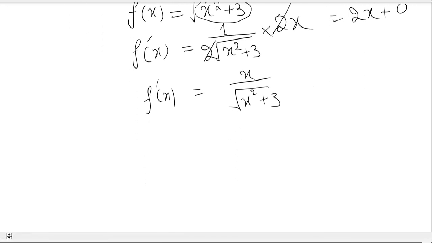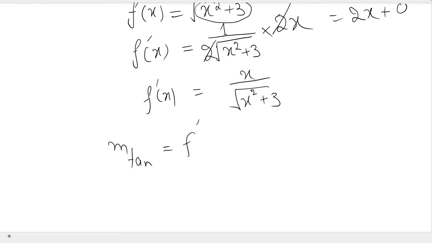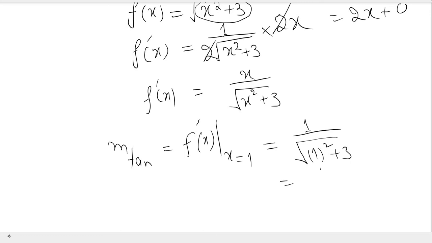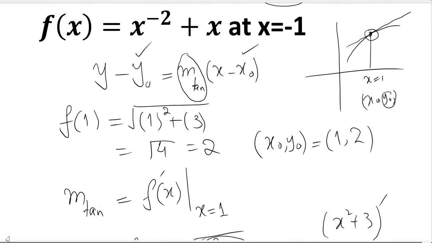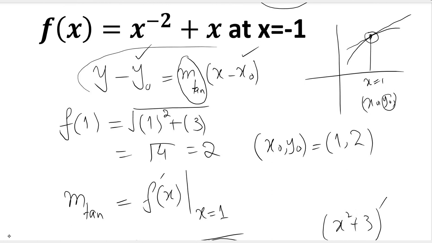Now we need the slope of the tangent line, which is the derivative at x equals 1. That means we substitute the value 1 for x in this derivative. That gives us 1 divided by the square root of 4, which is 1 over 2. Now we have all the values required for the equation of the tangent line.